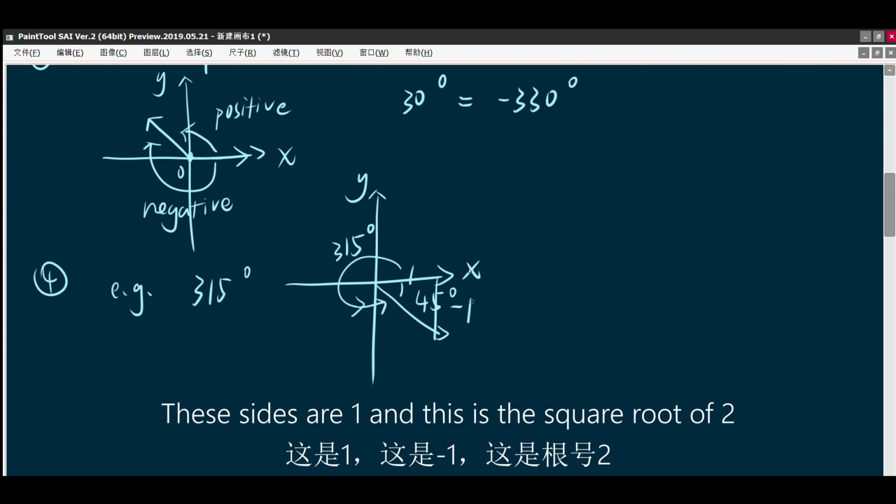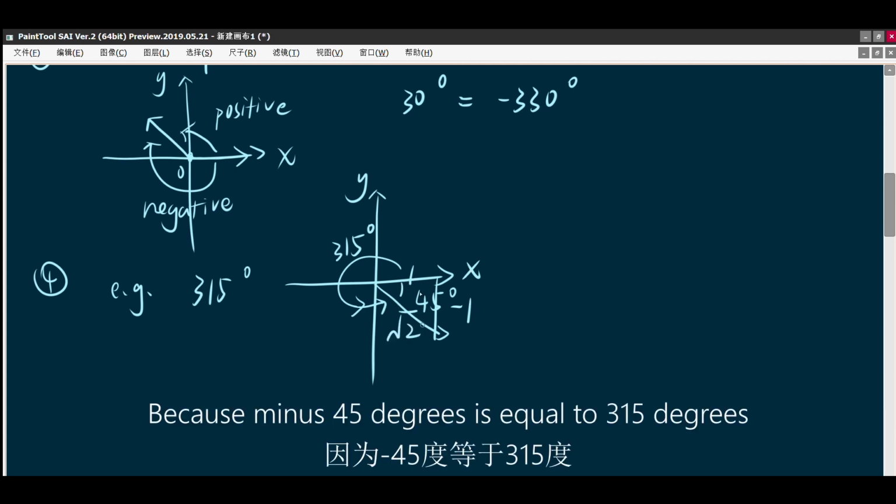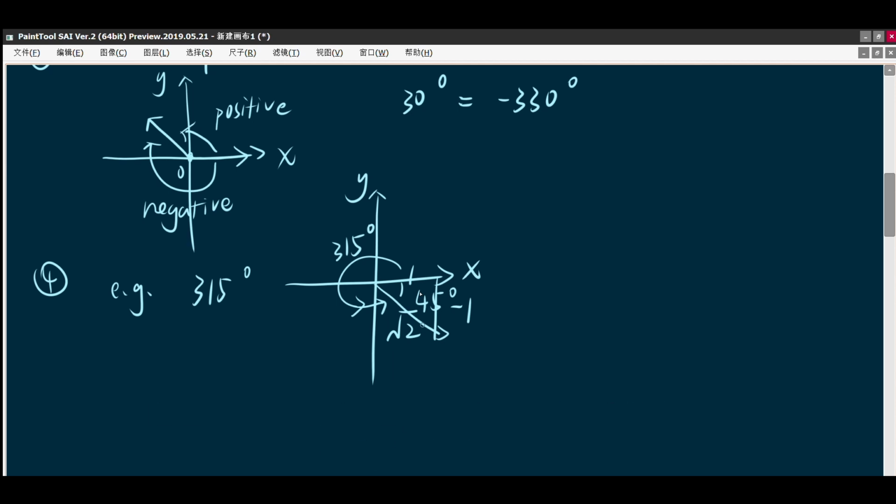And this is the square root of 2. Because minus 45 degrees is equal to 315 degrees, sine 315 degrees is minus 1 over the square root of 2.